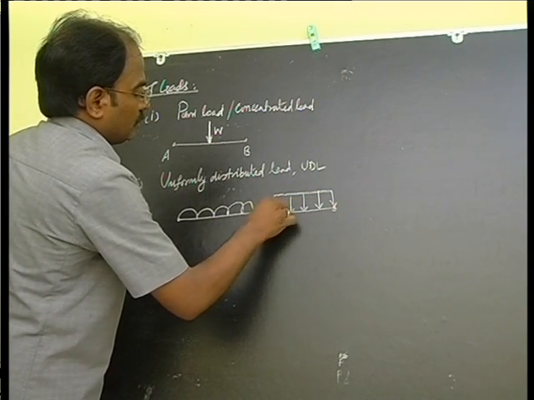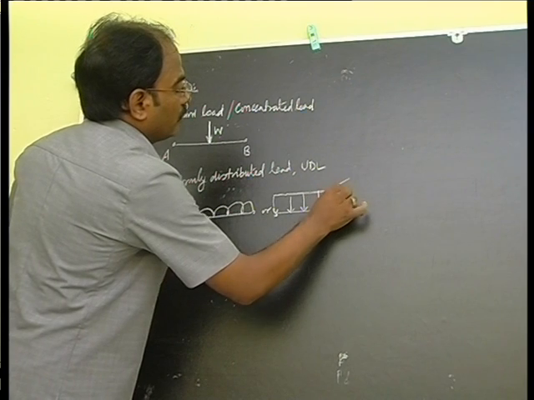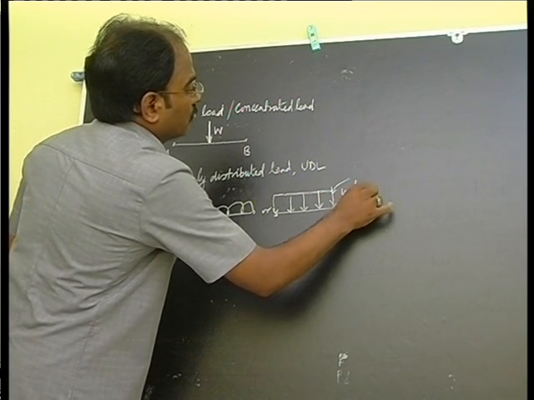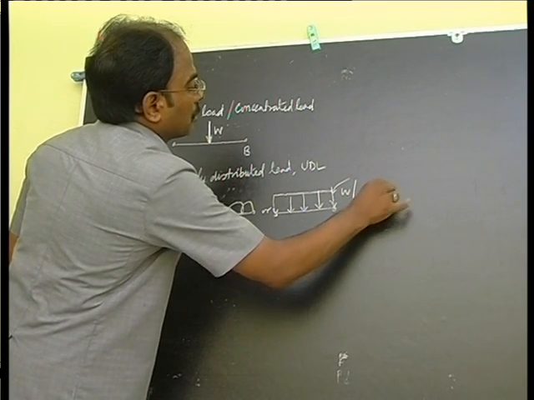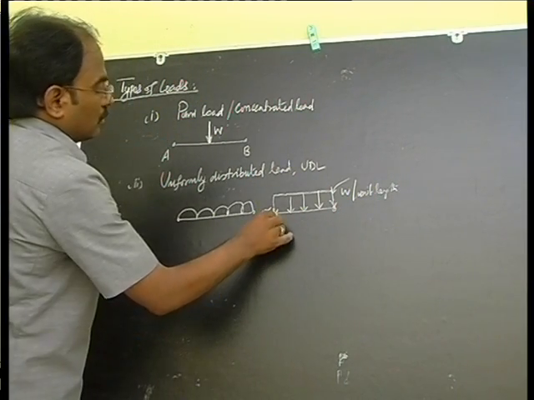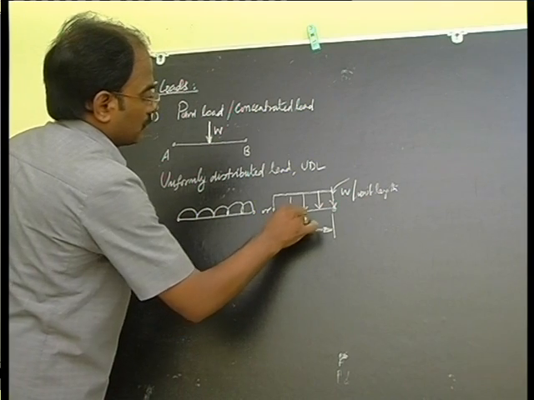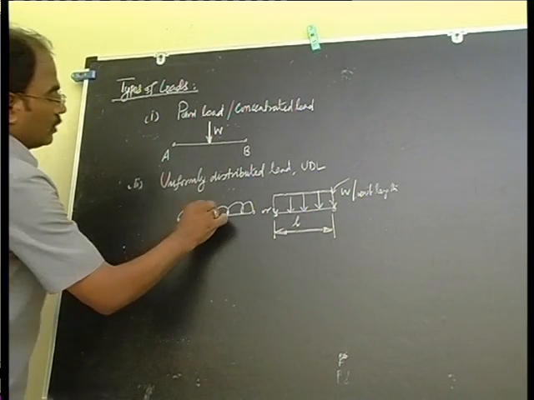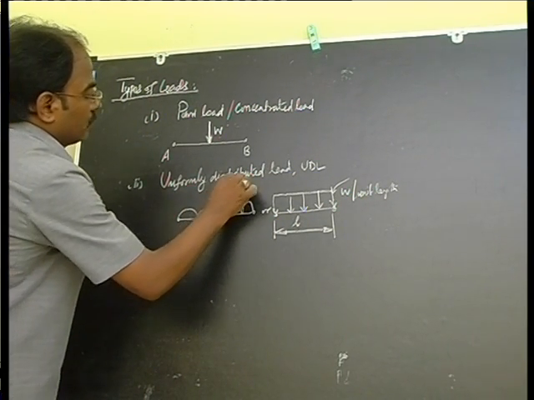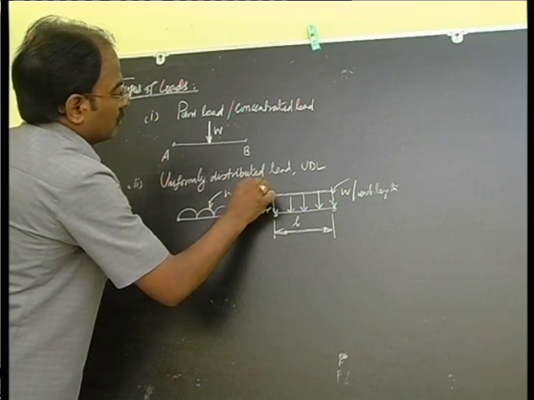Here the expression is W per unit length, and the distance is L meter.